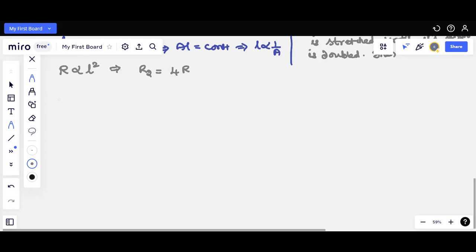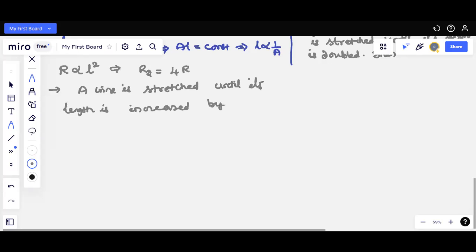Okay, good. Again we have to solve questions like percentage models. Small percentage, big percentage. Okay, a wire is stretched until its length is increased by number 1, like 2%.